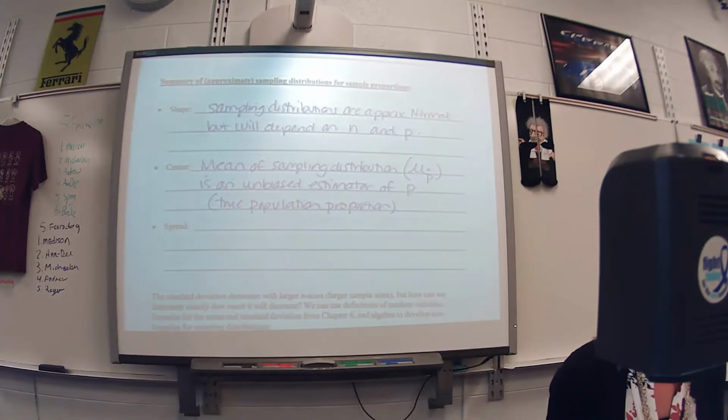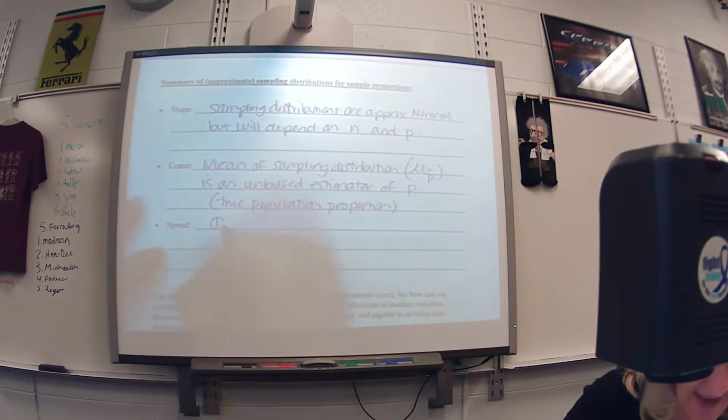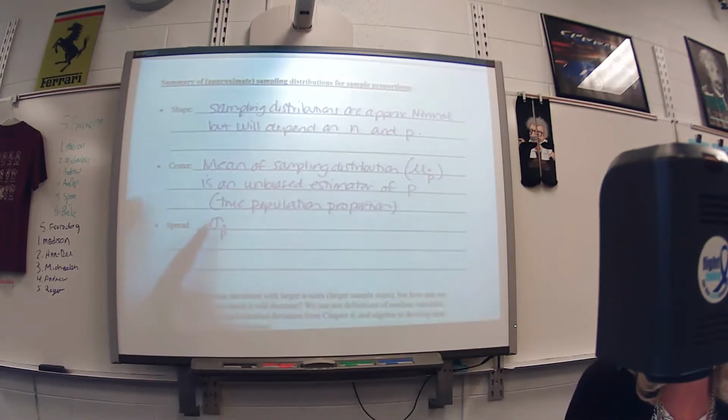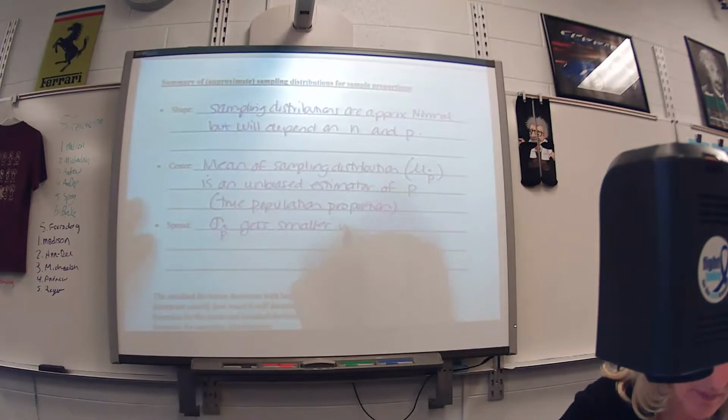The spread. Sigma sub p-hat. Your standard deviation of all your p-hats on your sampling distribution gets smaller with larger n sizes.